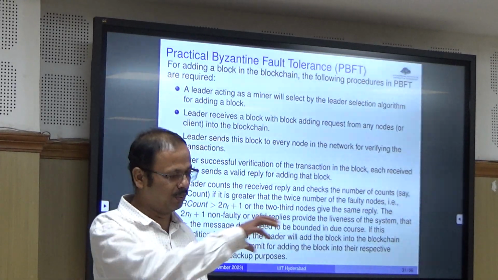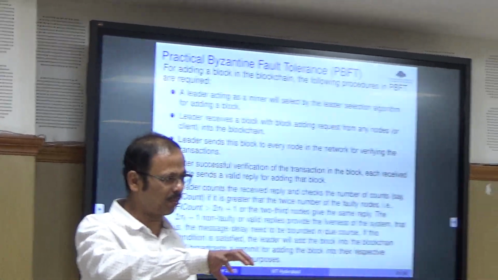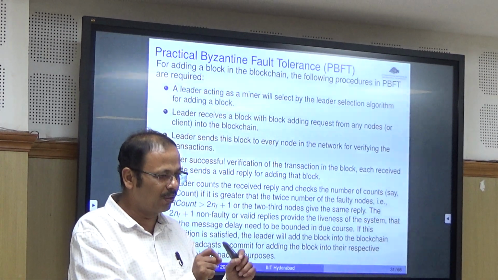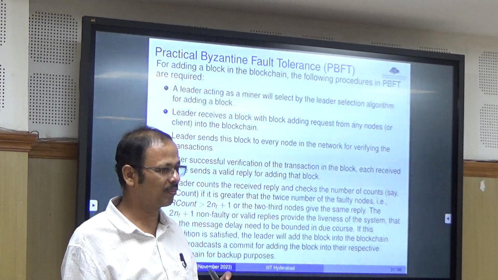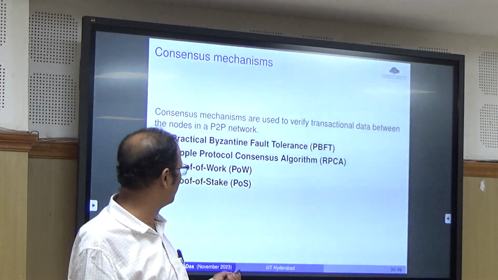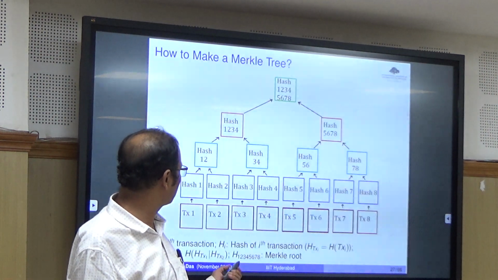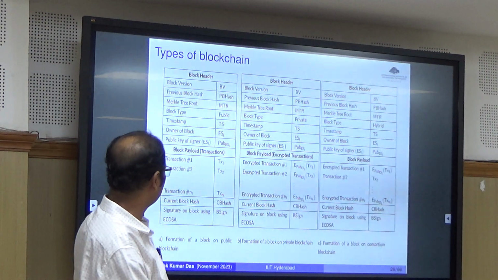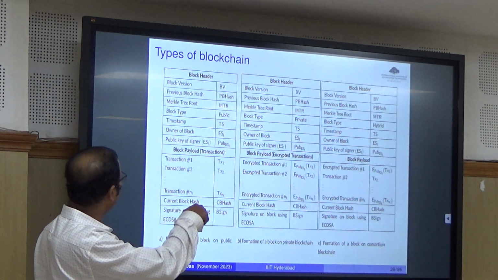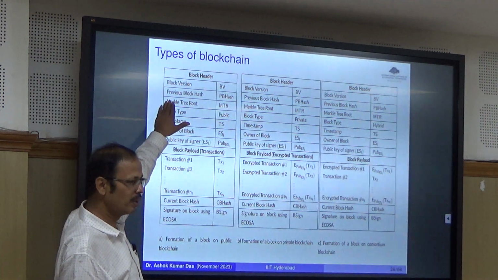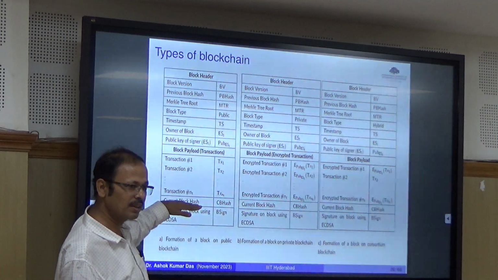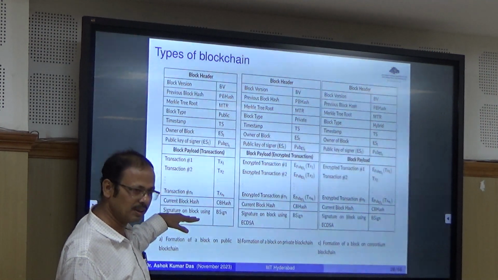Once every node receives this block from the leader, every peer node needs to verify that block. We have already told that to verify a block, each peer node needs to do three things. We need to verify the mathematical puzzle, verify the current block hash, and verify the signature.